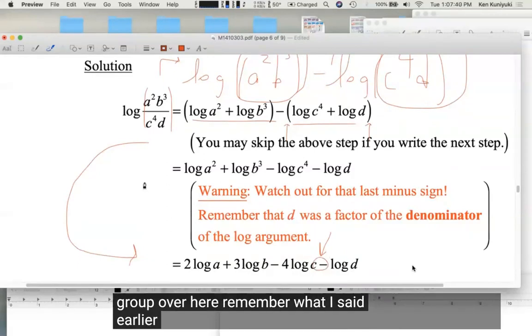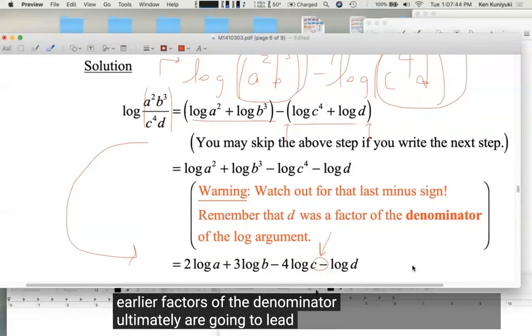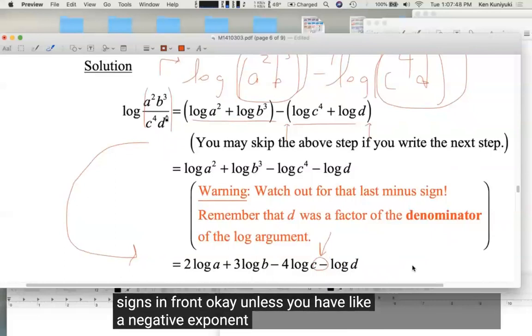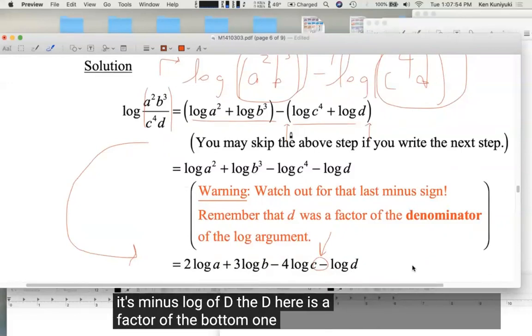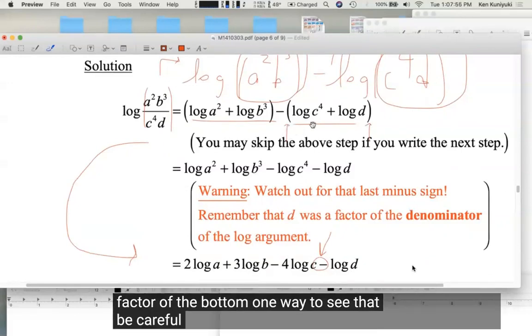Remember what I said earlier. Factors of the denominator ultimately are going to lead to minus signs in front, okay? Unless you have a negative exponent on here. So it's minus log of D. The D here is a factor of the bottom. Be careful with grouping symbols up here.